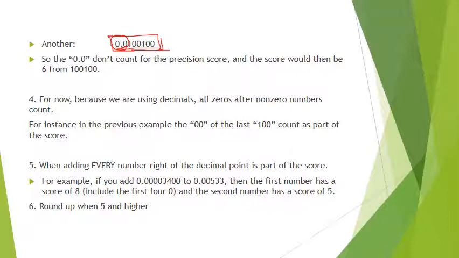For now, because we already used decimals, all zeros after non-zero numbers count. So these zeros count, but these don't. That's if you just look at a number. If I just put a number up on the board or on my PowerPoint, and I ask you what's the score, you would say that it has a score of 6.